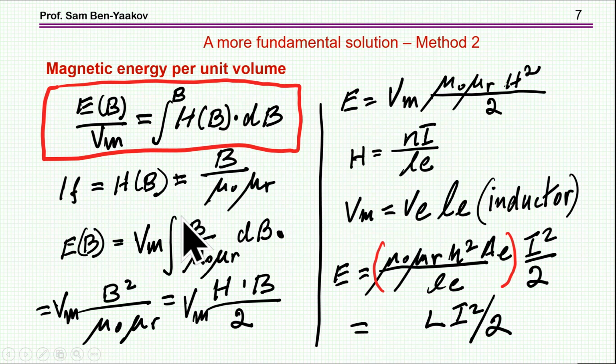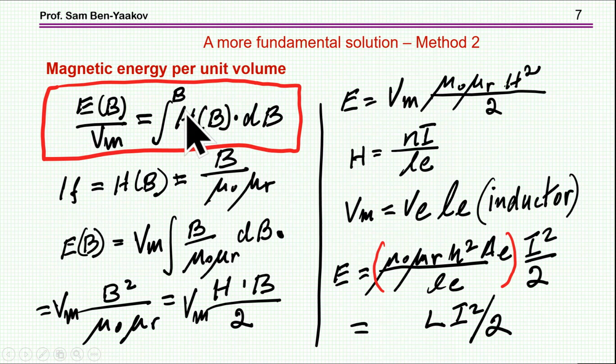Now in the linear case, I'm first going to show that this makes sense. For the linear case, H is B over mu, and mu is linear. So if you look at this integral, the energy is the volume times B dB.